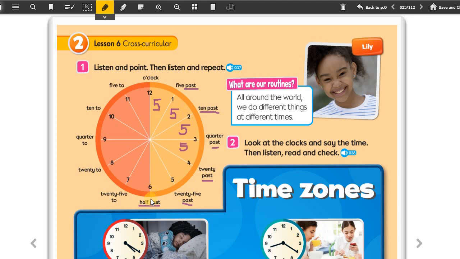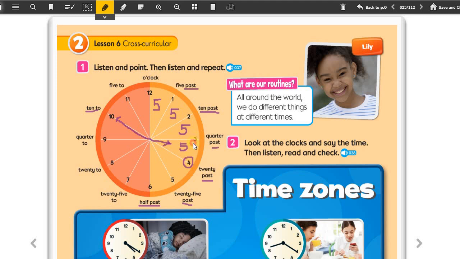Now, after half past, it's very important. After half past, we say how many minutes there are to the other hour, okay? So if the short hand shows us 3 and the long hand shows us 10, it means that it is 10 to 4, right?